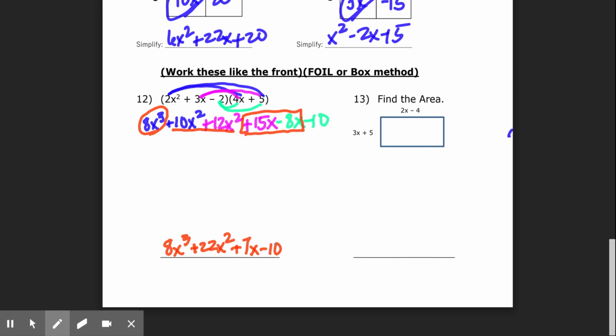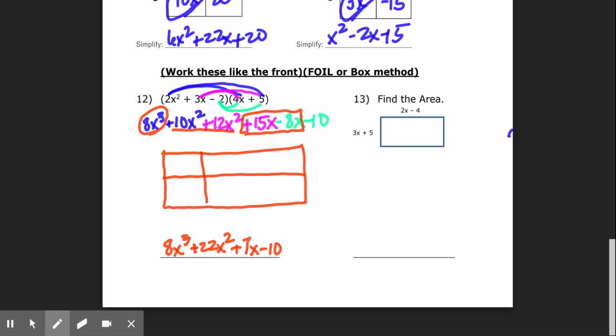Okay, now another thing you could do is use the FOIL method if you wanted to. So we could go ahead and set that up. I would put 2x squared plus 3x minus 2, and then 4x plus 5.